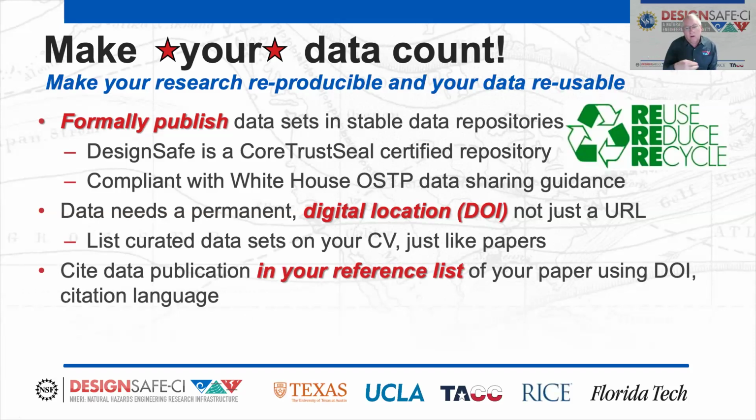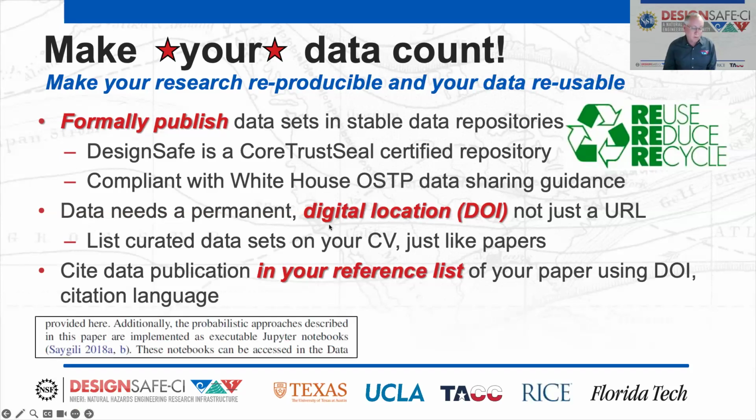Lots of journals have gotten on board. Some of them require you to publish your data somewhere and make it available. And many of them are now finally at the point of, yeah, data set DOIs go in your references. That makes citation much more discoverable and much more valuable for you.